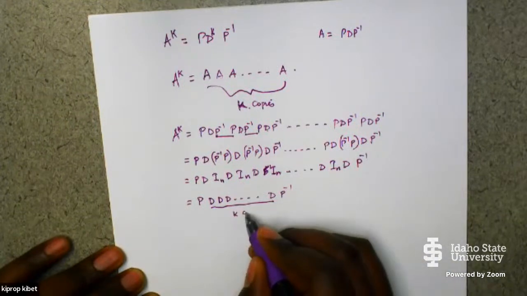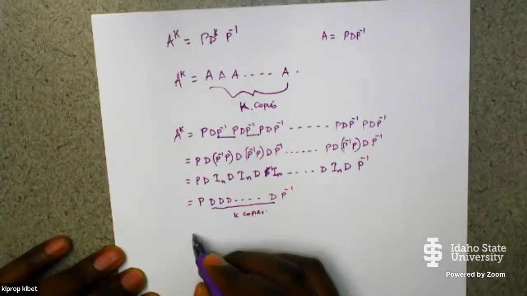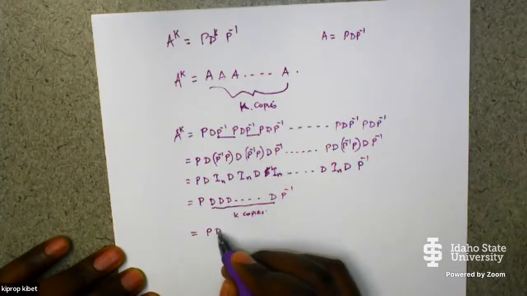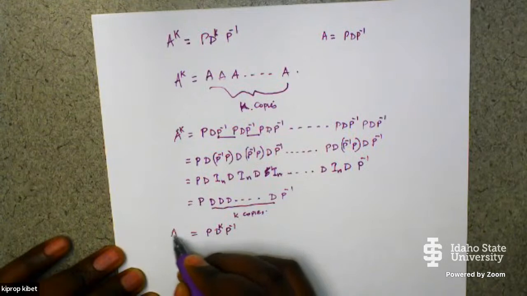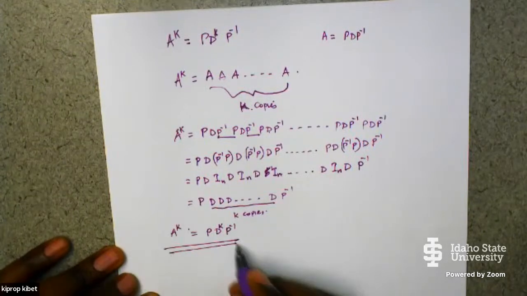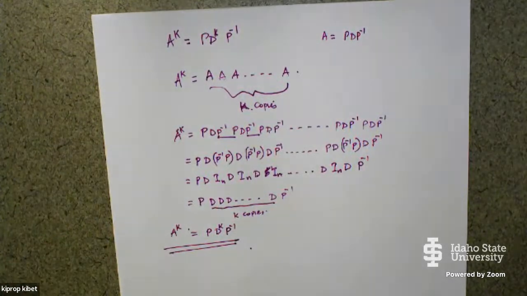K copies. So basically, this is the same as P D^k P inverse, which is the same as A^k. Any question after that?